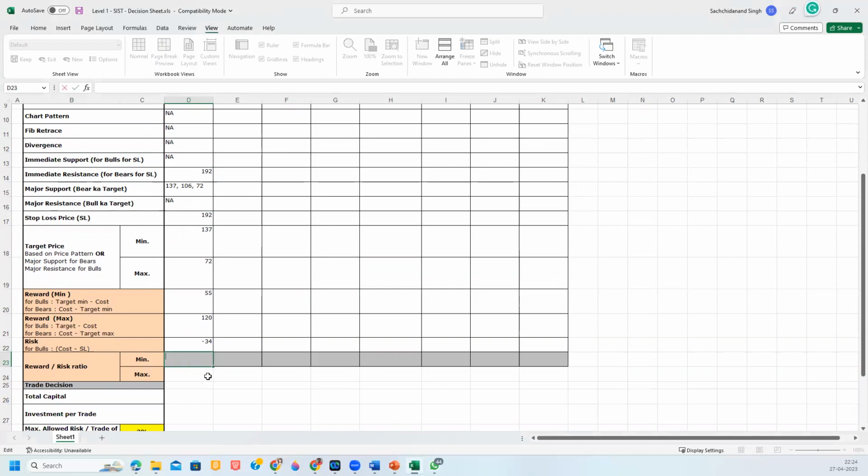So as of now, it is nearly 1:2. Okay, and the maximum value. Here I need to take the maximum reward. The maximum reward is coming 120 against the risk of 34 rupees. So around 1:4. Absolutely.